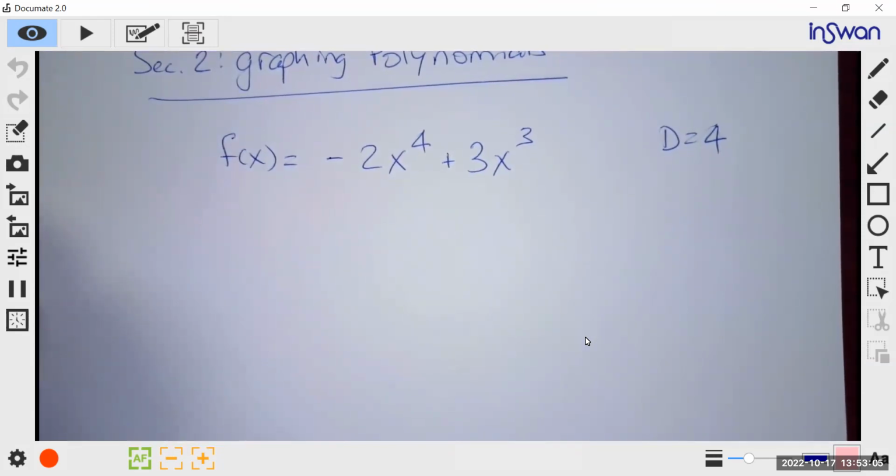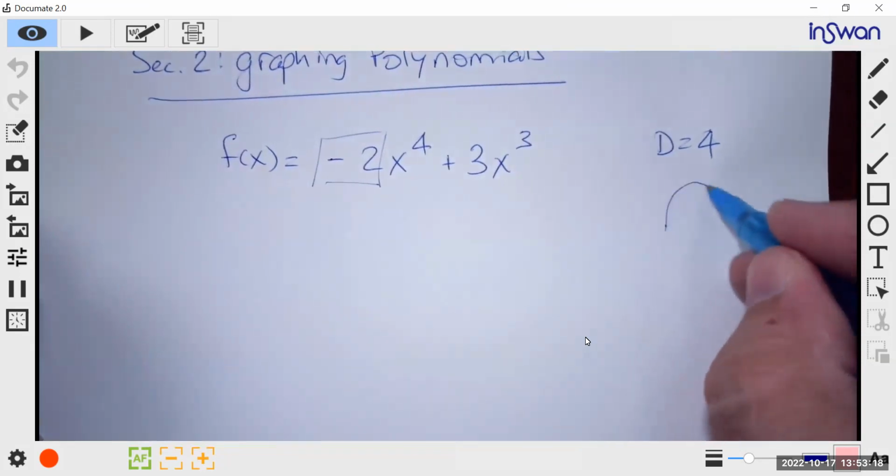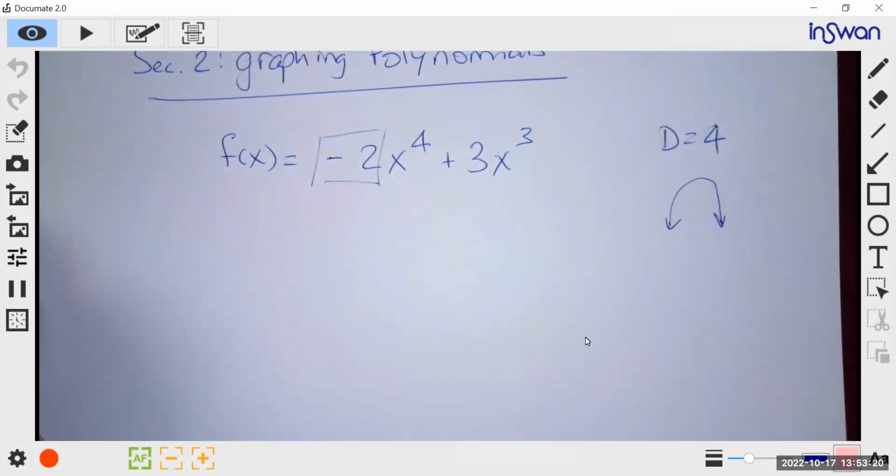The basic shape of the graph will look like what? Okay. Well, the ends point the same direction. Is it up or down? The coefficient is negative, so we know the graph will point down. And they point the same direction. What's the y-intercept? Zero. So it crosses through the origin.